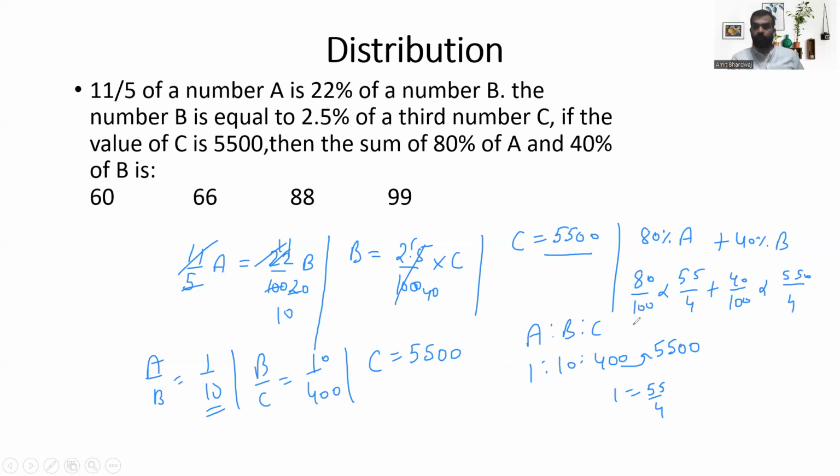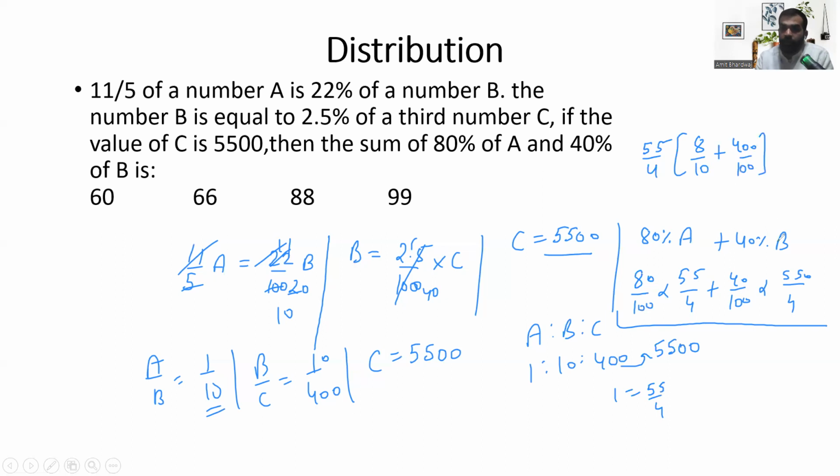Yes or no? A little bit of calculation in this question. Pure calculation. Let's do the calculation. There is no other way. So we can say 55 by 4 is out, this is 8 by 10, and this is 400 by 100, right? 0, 0 cancel away.